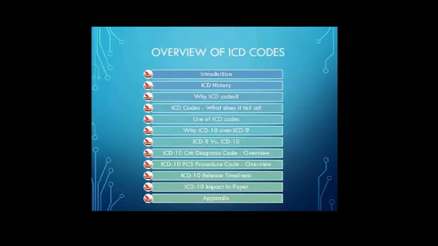Then the diagnosis code overview and the procedural code overview, what these two types of codes are, and the timeline of the mandate, by when it will be regulated and enforced in all the parties. Then the impact, the areas where you can think of an impact from the payer perspective, the insurance company's perspective. And in the appendix, you can find any references.